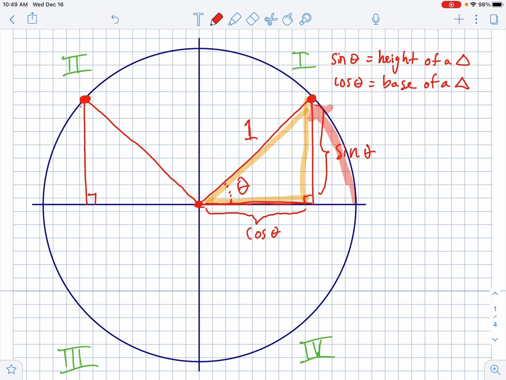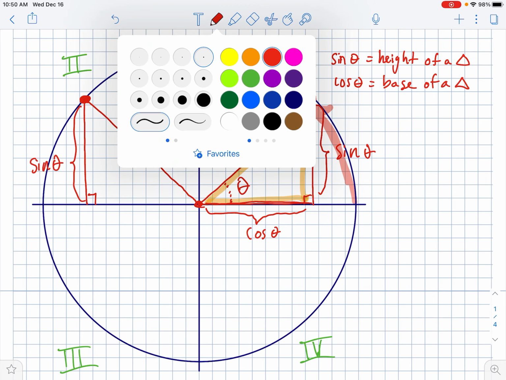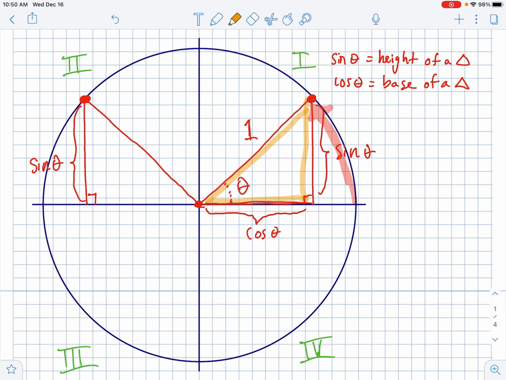So your sine of theta is going to be the same with this triangle. But the theta rotation for that triangle doesn't live right here. It's not connected on the negative side. The theta always starts at the positive x-axis. So if I was going to label the theta for that triangle, it would start here and go all the way to here.